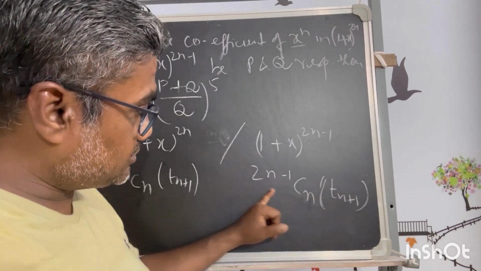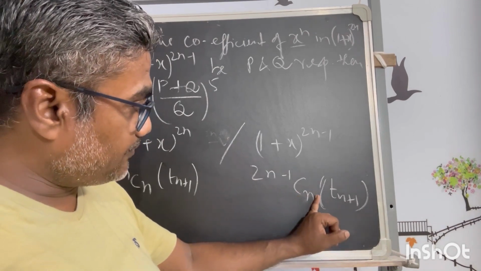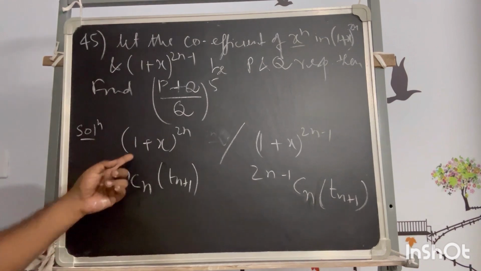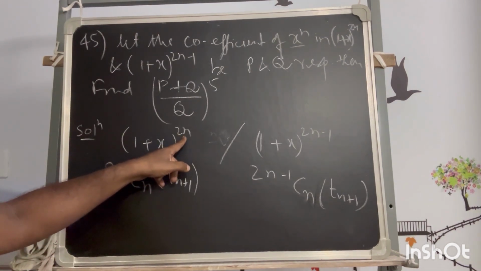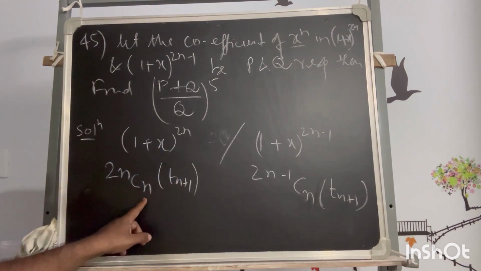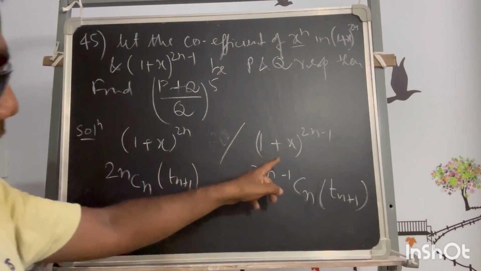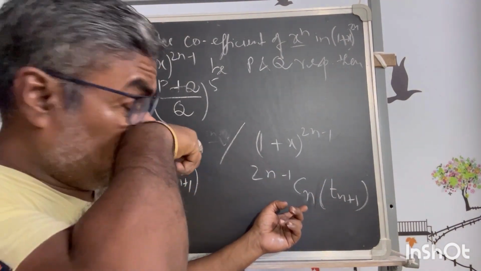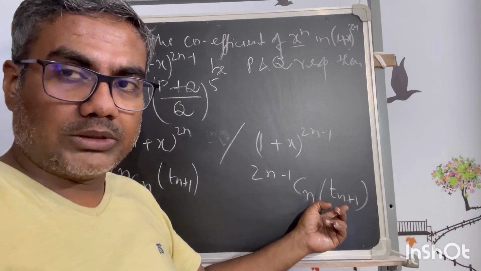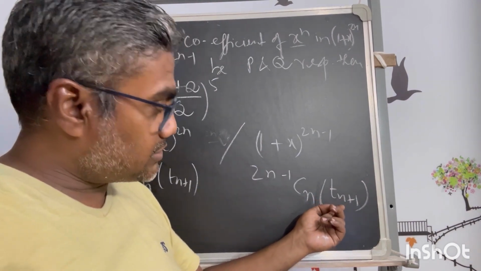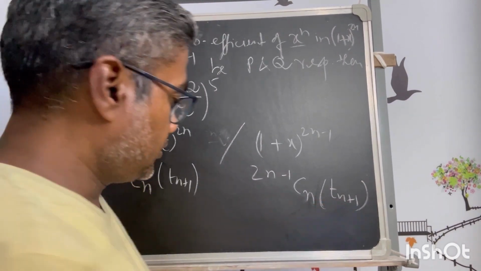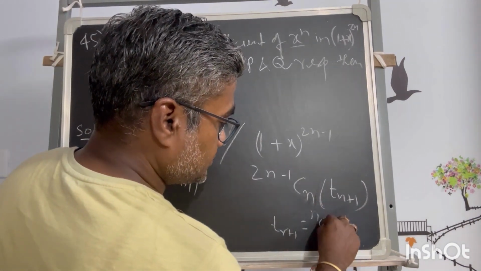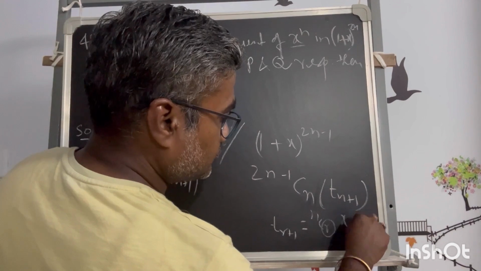There is always a chance of making a mistake, that people may compare in such a way that as we are having one power higher, we will get n plus 1 for x to the power n. Here I will get the same thing in the n plus 2 term. No, because if it is the (r+1)th generic term, we know it is nCr and x to the power r.